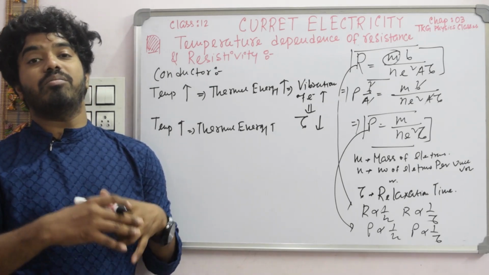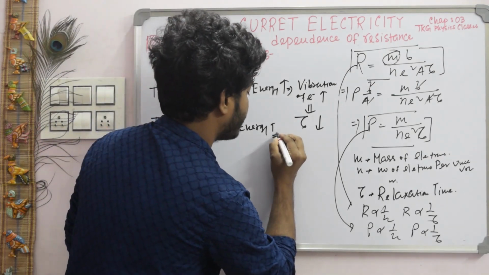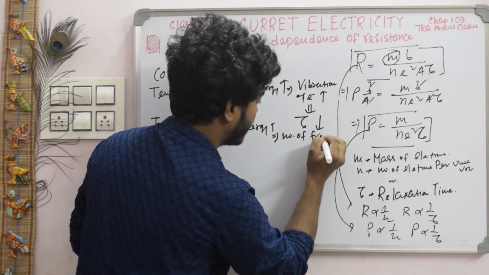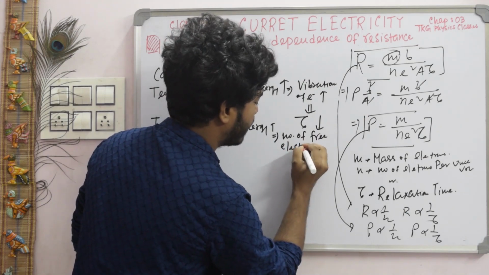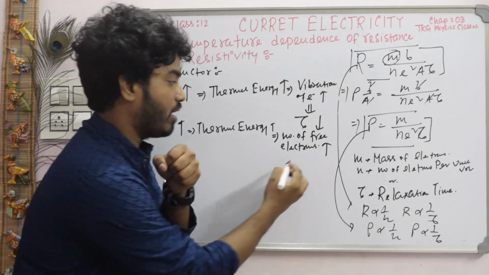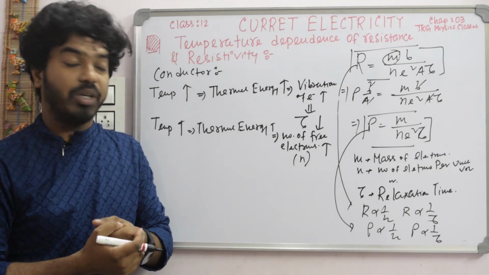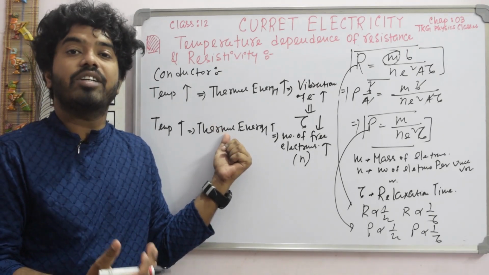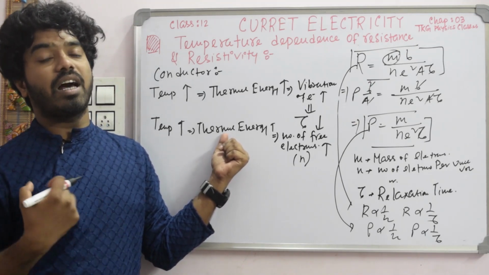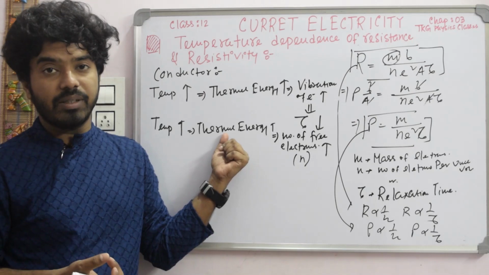So the number of free electrons increases, that means per unit volume, n increases, because when thermal energy increases, the electrons gain this thermal energy, get their ionization energy, overcome their outer surface and become free.